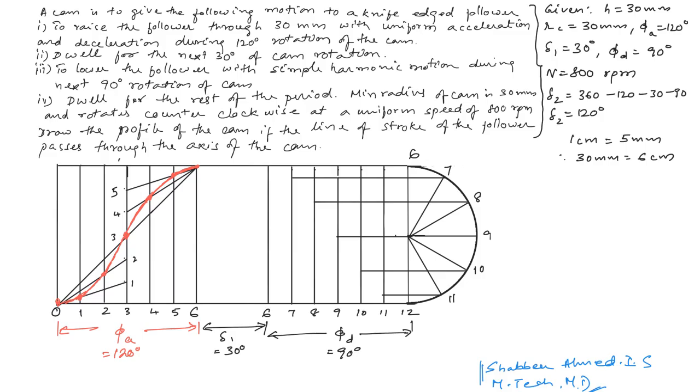So now, those lines intersecting points you mark 1, 2, 3, 4 and 6. So now join all these points starting from here with a smooth curve. So this is the displacement curve for the descent of the follower.